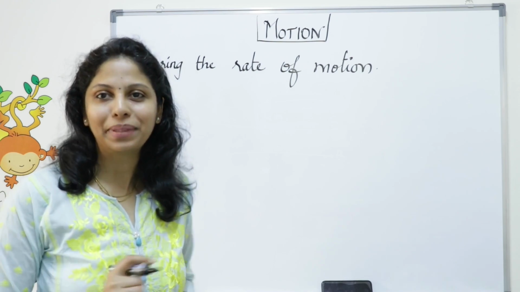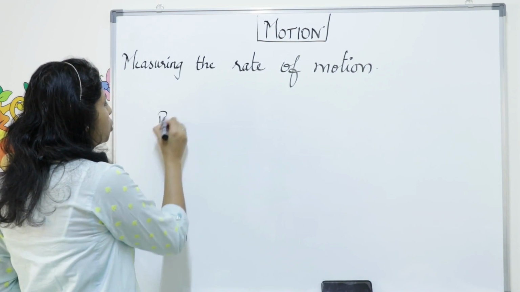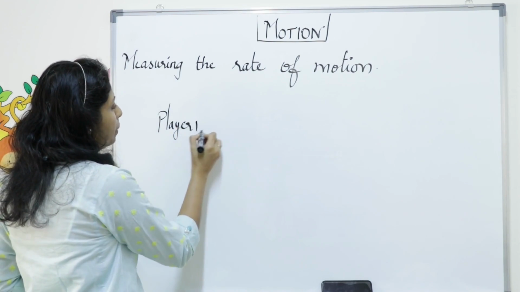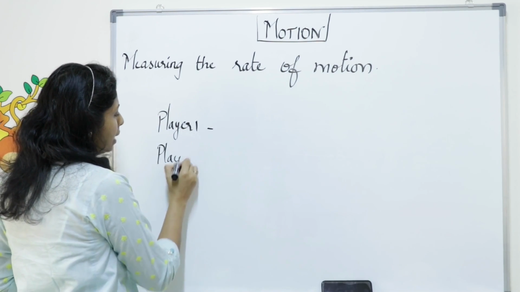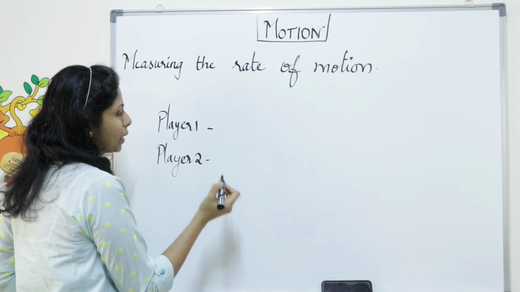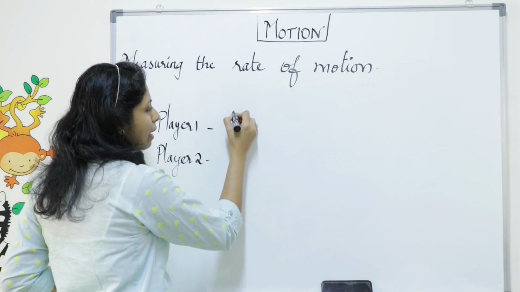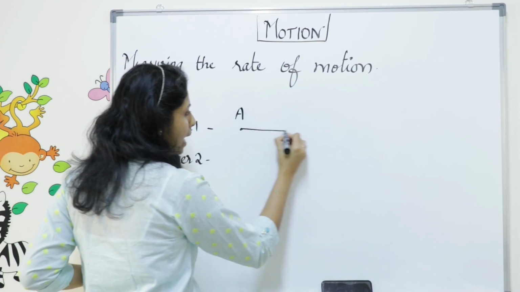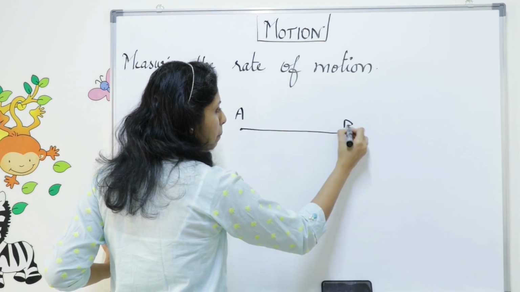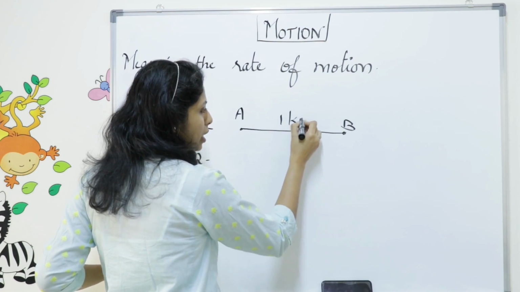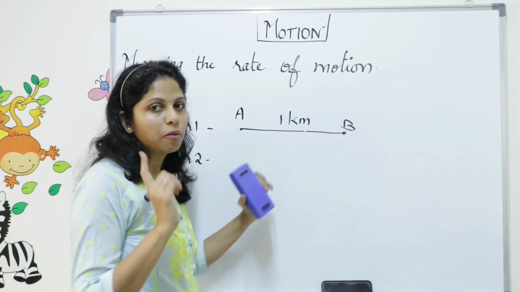Let us see an example. Let us consider two players, player 1 and player 2. Player 1 travels from a point A to a point B, which is 1 kilometer, and he takes 5 minutes.